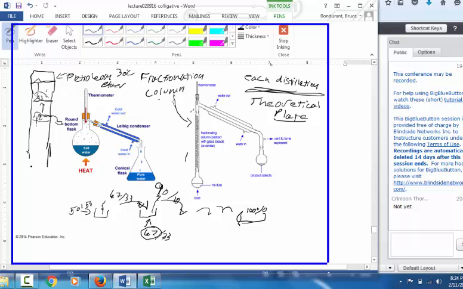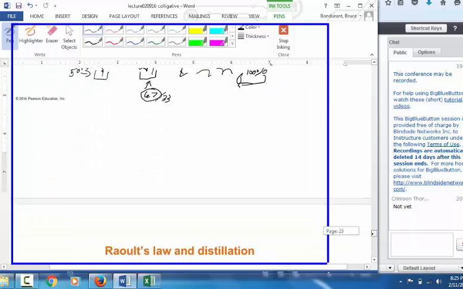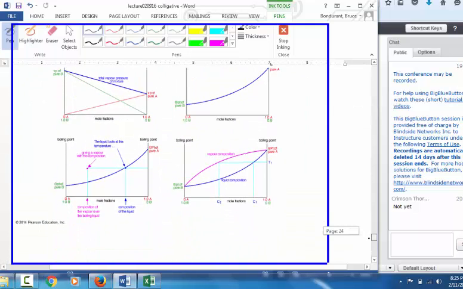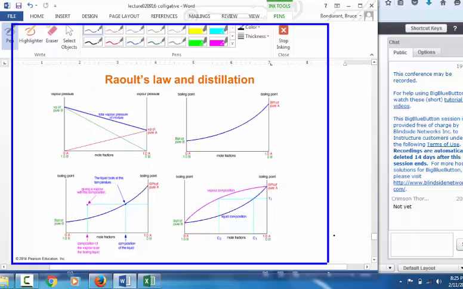And down here, at the bottom end of the still, you might have fuel with a boiling point of like 200 degrees Celsius or so. So you can see where that term theoretical plate really comes from. The stills in an oil refinery have actual plates that hold layers of liquid. Okay.